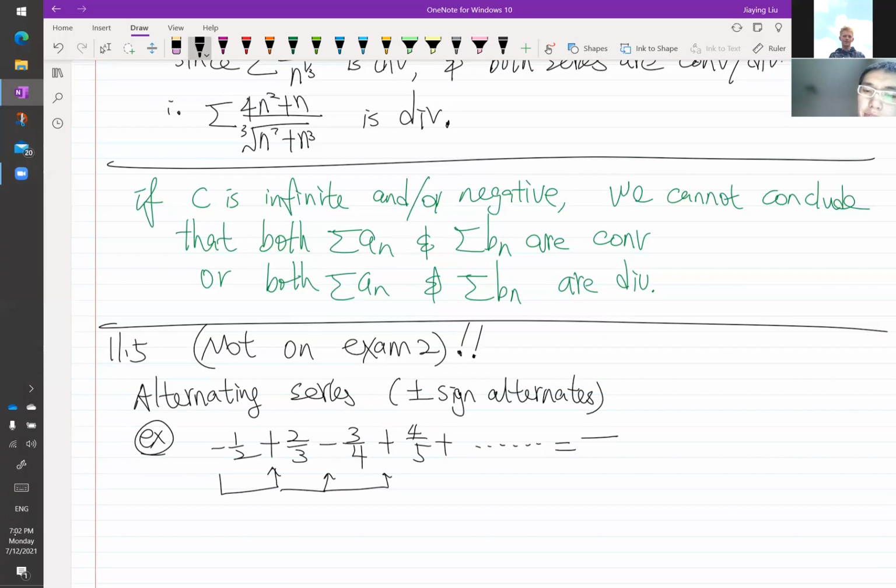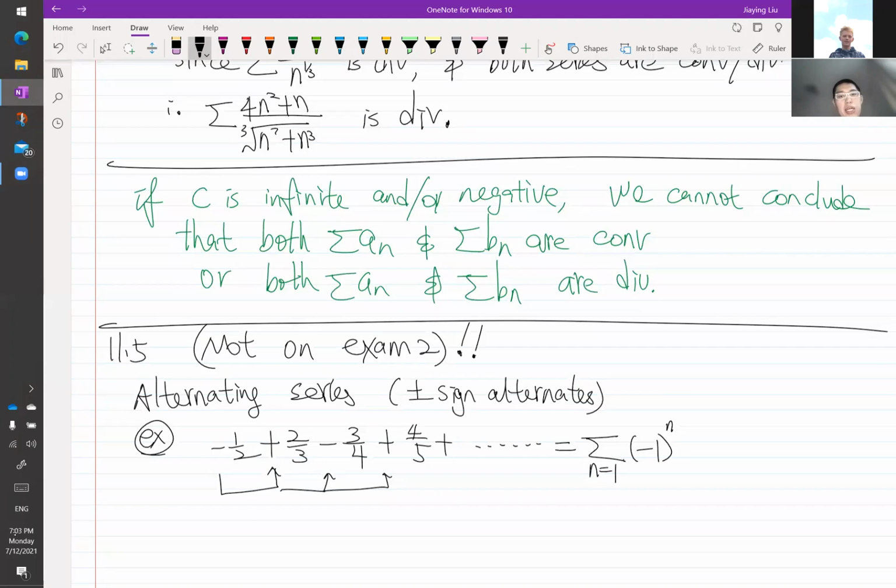Then we can write it using a formula. The sigma notation will be -1 raised to either n or n plus 1, depending on what you pick as a starting n value. If we pick n from 1, the power of the -1 dominates the sign change. We begin with negative, so it's (-1)^n, because when you put 1 there, you get negative, and when you put 2 there, you get positive.